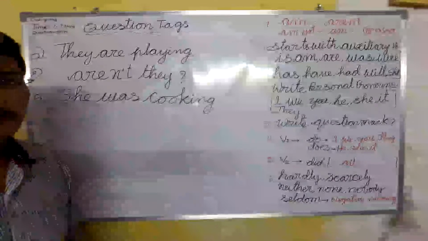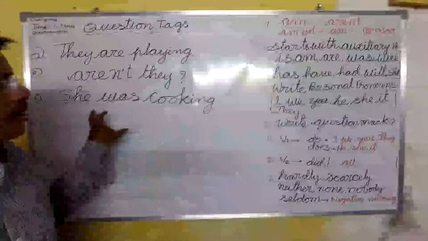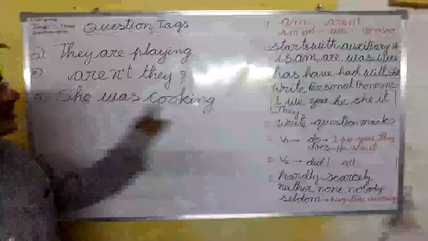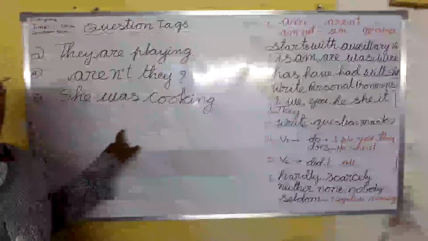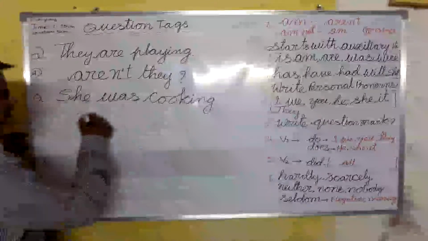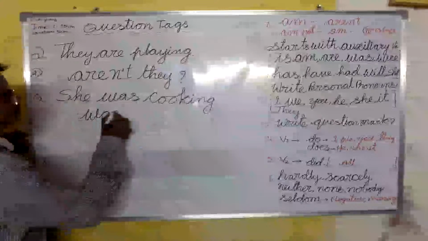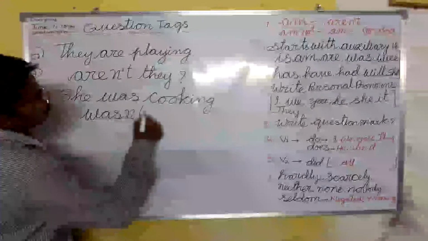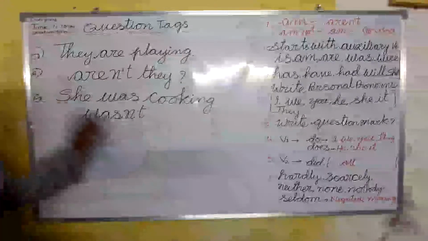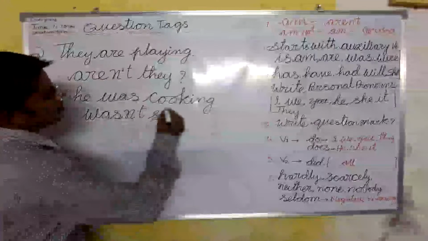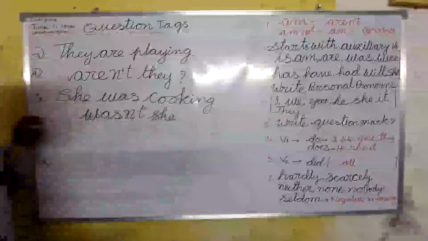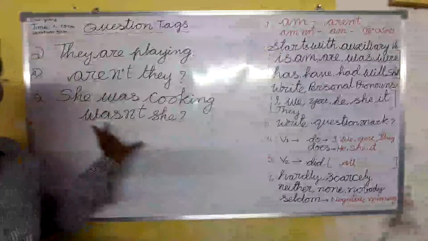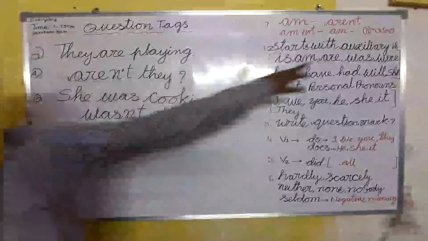Can you try? Very simple. The auxiliary verb is was, so the answer starts with the auxiliary verb. If it is positive, it should be negative. So the answer starts with was, and negative should be there. Wasn't. Next, the pronoun: wasn't she? Third point, question mark. Are you able to follow? Yes. This is the question tag with was.